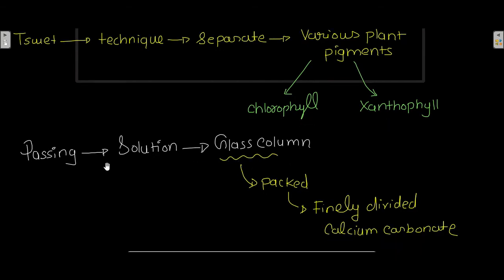What T. Svet did is he took a glass column and packed it with finely divided calcium carbonate, and into that glass column he passed a solution containing those various pigments.